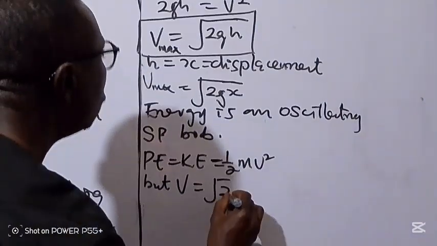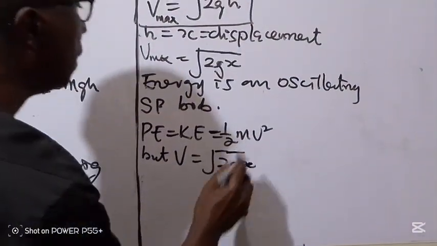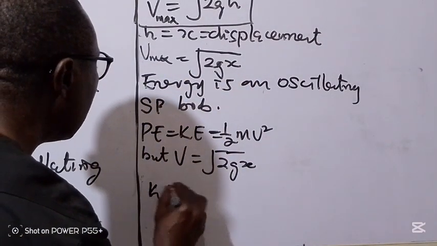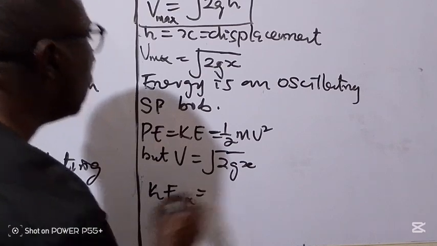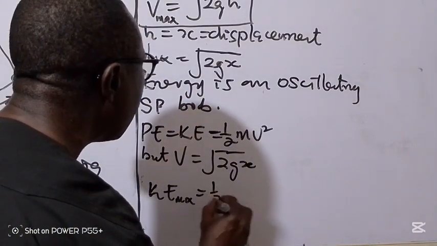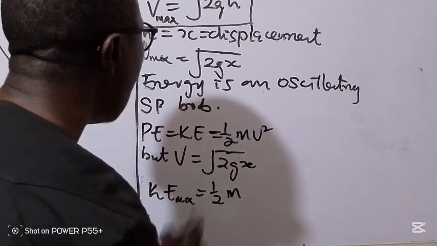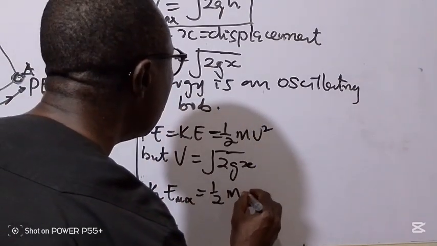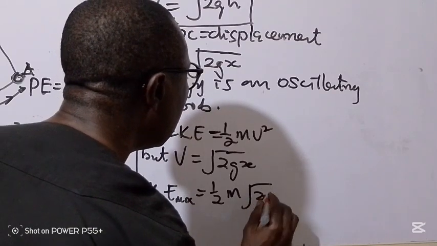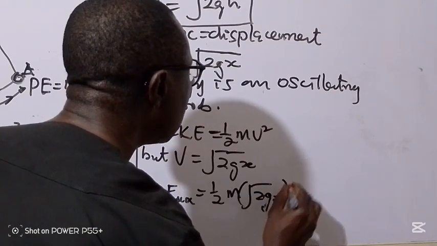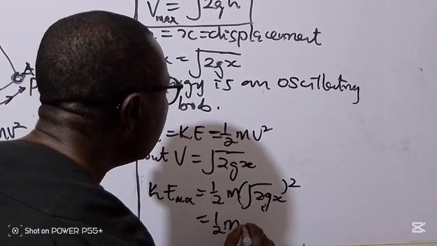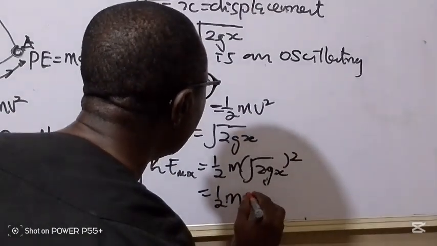Substituting v, the maximum kinetic energy of an oscillating simple pendulum will be equal to half m times the square root of 2gs squared. Then we have half m into 2gs, then 2 cancels 2.